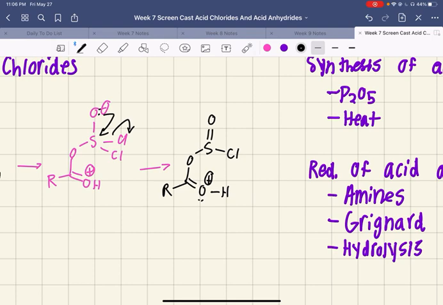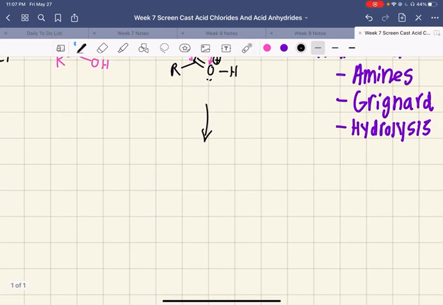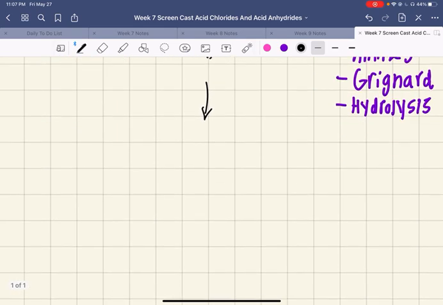The next step, that kicked off chlorine will come back and attack this carbonyl center, kick off the lone pairs to the oxygen. So the chlorine was a nucleophilic attack. That's what its role was in the mechanism.